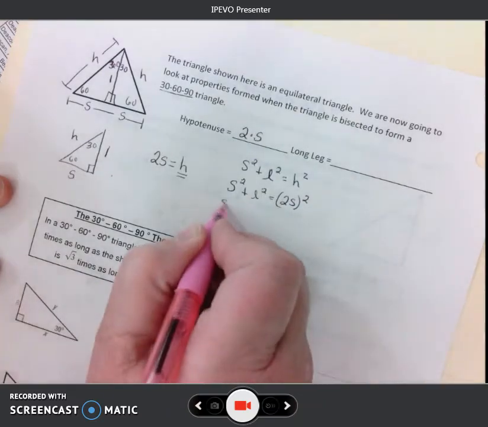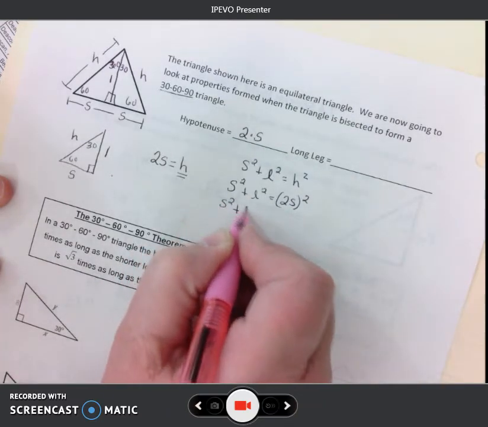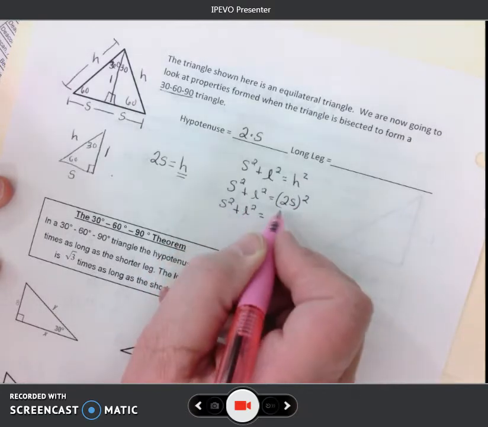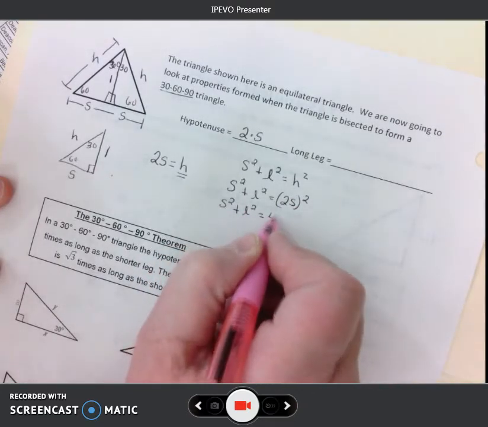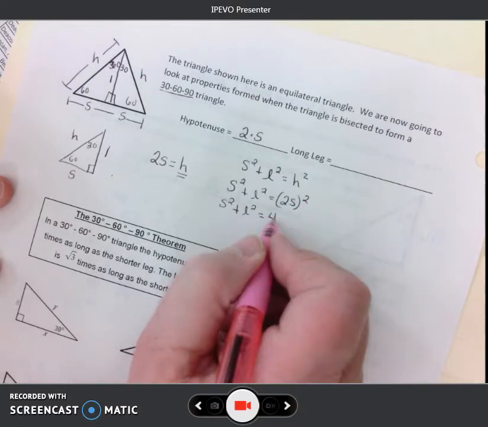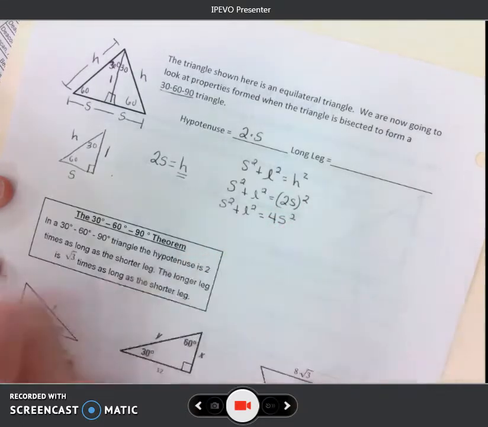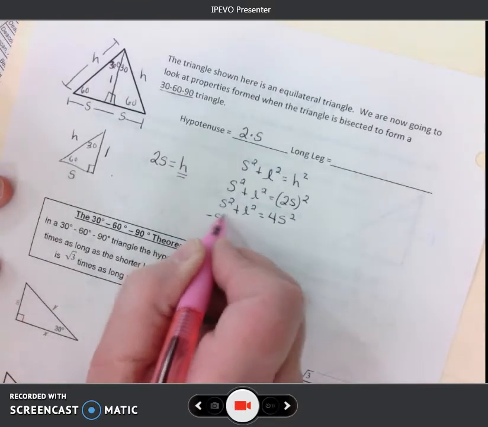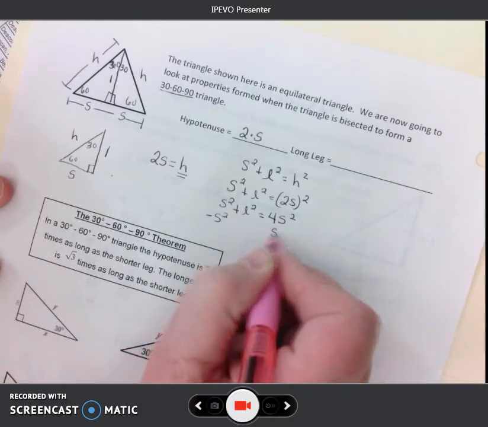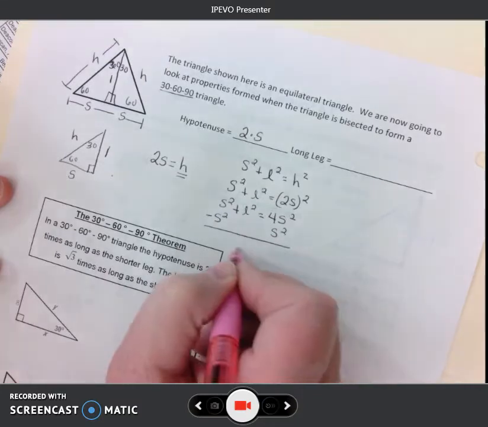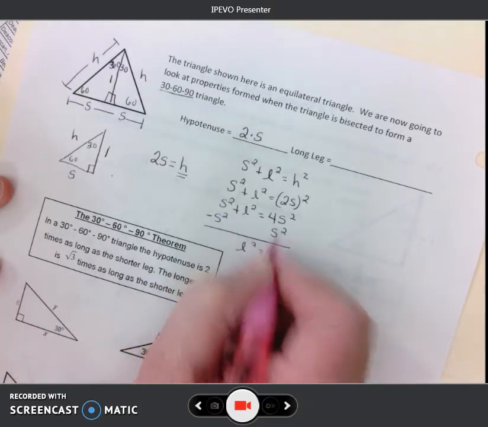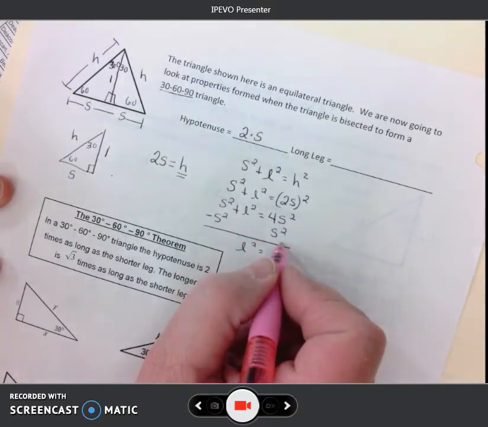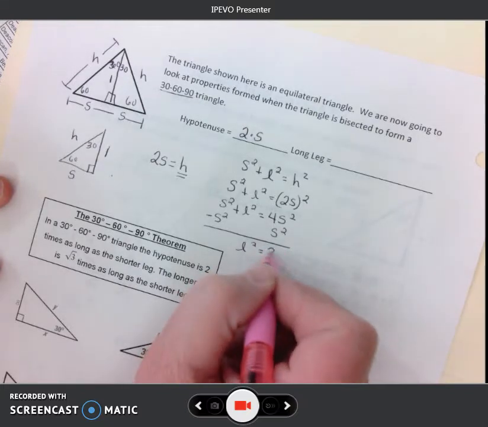But when I square a quantity in parentheses, I square both of those terms. So that becomes 4, because 2 squared is 4, S squared. Now I'm going to combine like terms and subtract an S squared from both sides. So L squared equals 4S squared minus 1S squared, which would be 3S squared.